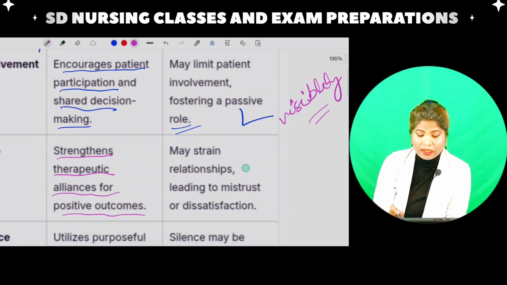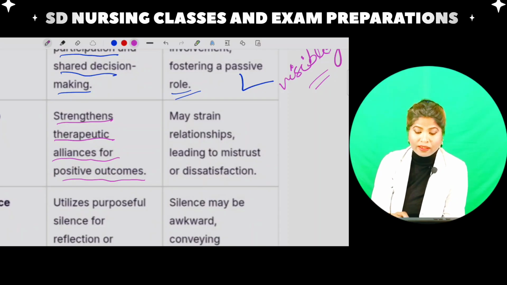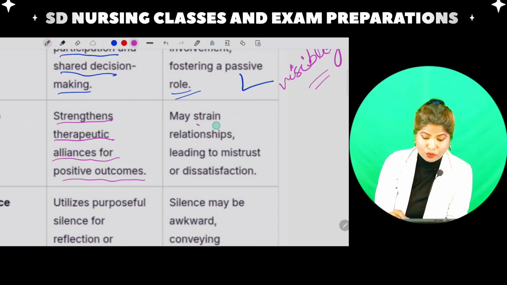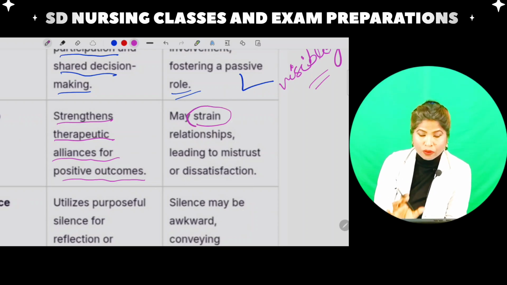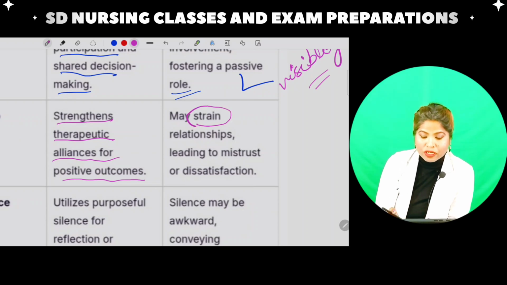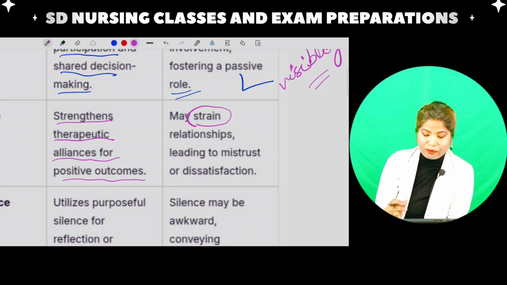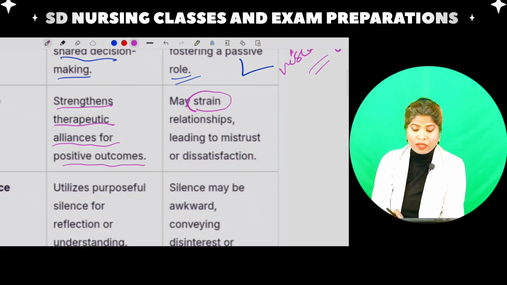Here what happened? It may strain the relationship, leading to mistrust or dissatisfaction. Your relationship is not so good, not a therapeutic relationship, it's a strained relationship, and it means you are behaving with the patient like he is unknown to you. So this type leads to mistrust or dissatisfaction.